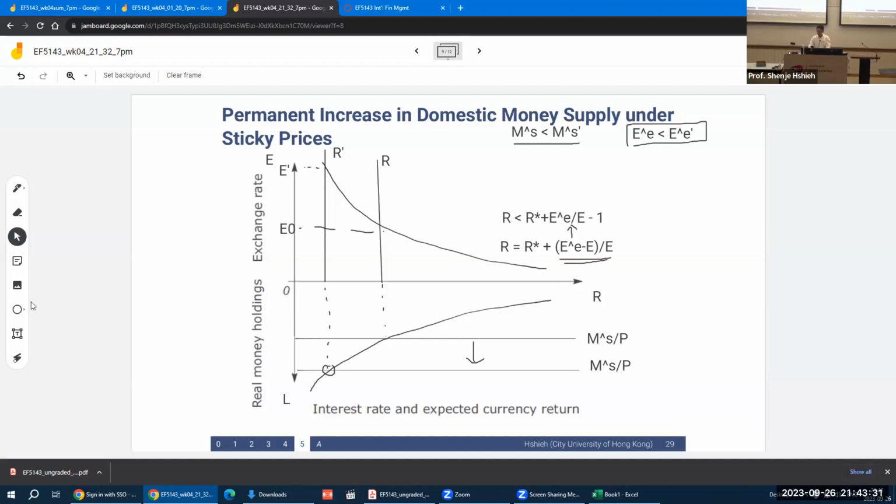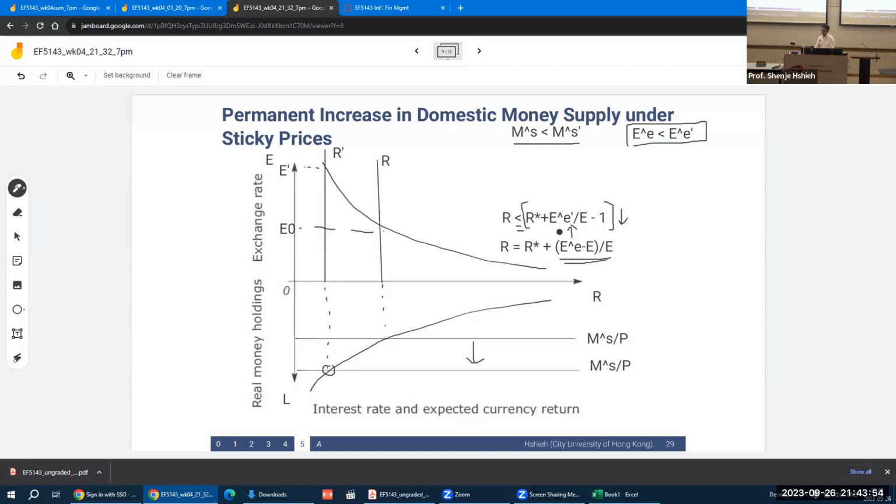And sorry, I forgot to write this one. So in order to restore parity, E has to move in a way that makes the entire right-hand side lower. We need to make this entire right-hand side lower so that this becomes equal.